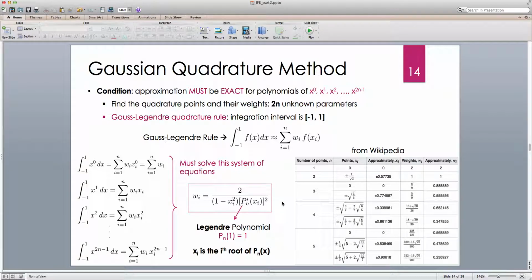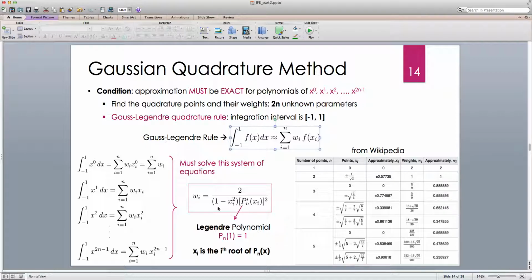So we have to find the Legendre polynomial, normalize it, and the xi is the ith root of Pn. Actually, the xi doesn't depend on this normalization. The xi's are always the ith roots of the Legendre polynomials, and the weights are calculated based on the xi's. Okay?